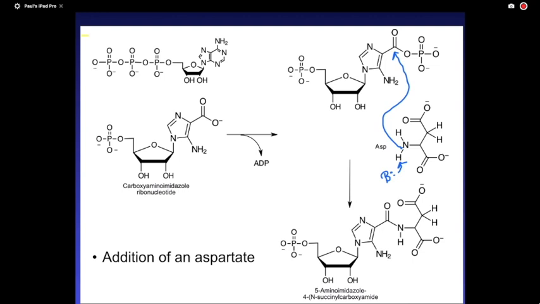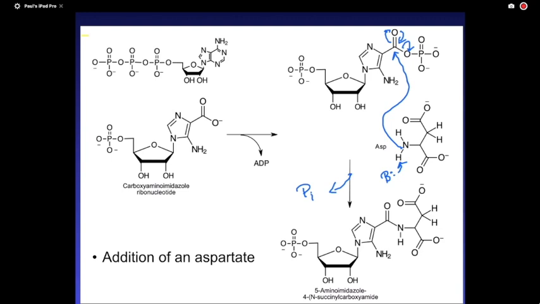Attack the ketone, up, down, and this is the investment of the energy, the phosphate coming off. Okay, probably should have an arrow that says Pi coming off, and I have this entire aspartate added to the growing molecule.